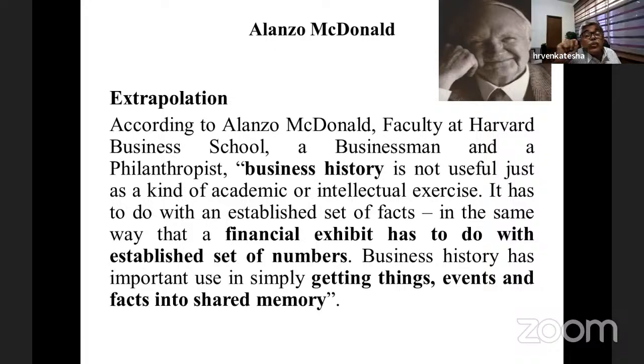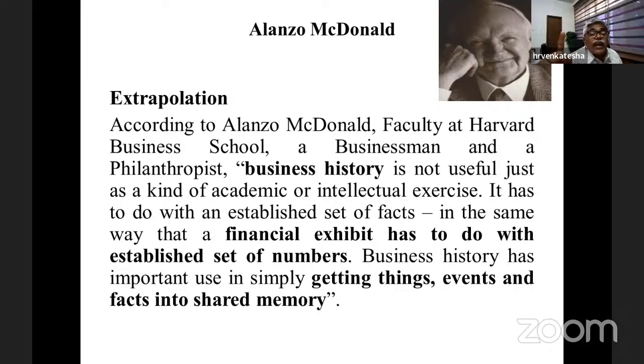Business history is not useful just as a kind of academic or intellectual exercise. It has to do with an established set of facts. I repeat, madam and all others who are attending this refresher course, remember that history has to be studied with the established set of facts.